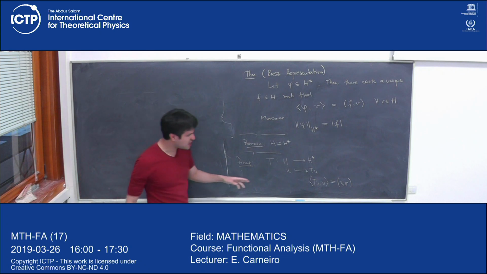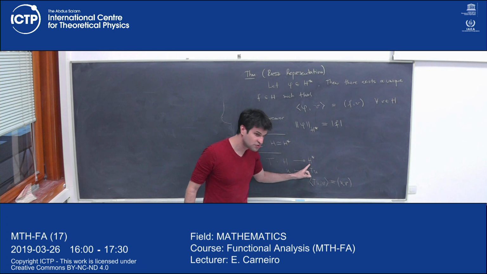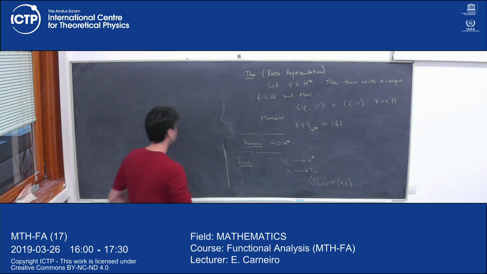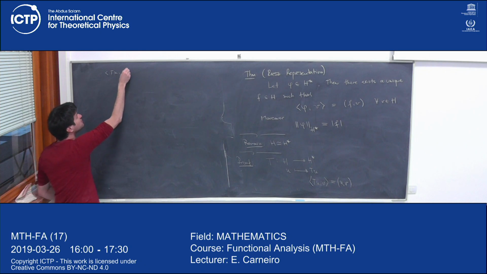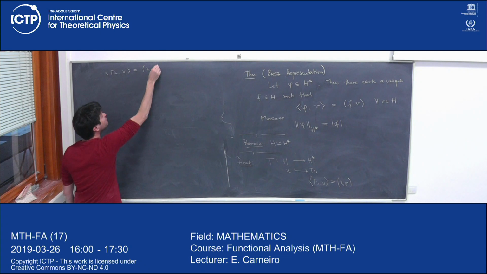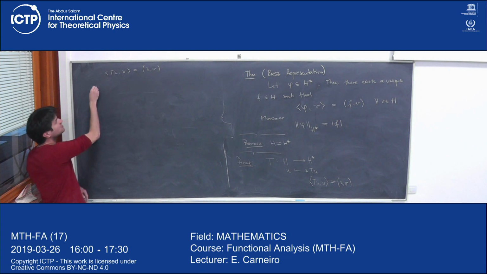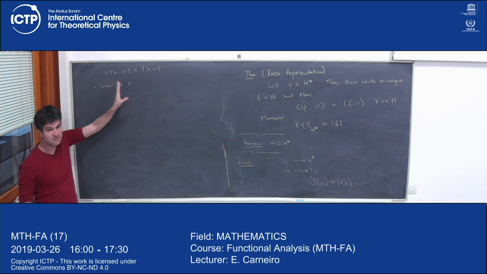First I have to check that this Tu that I defined here actually belongs to the dual. So Tu acting on v is equal to u scalar v. This is obviously linear in that entry v, right? I can just change v by v1 and v2 and spread out, or lambda v.